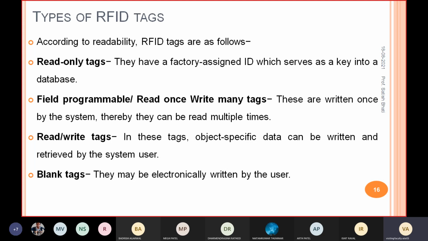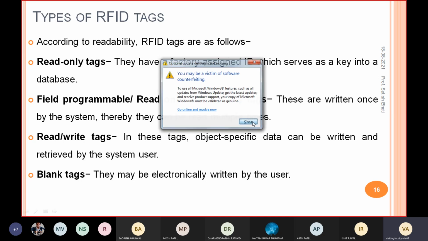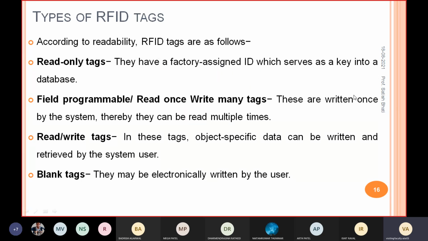Now this RFID tag is also categorized based on readability. Readability, as we already discussed: some tags you write in only once, then you can only read those tags, right? Some tags you can read and write as many times as you want, right? So depending on that, these RFID tags are categorized into four categories.